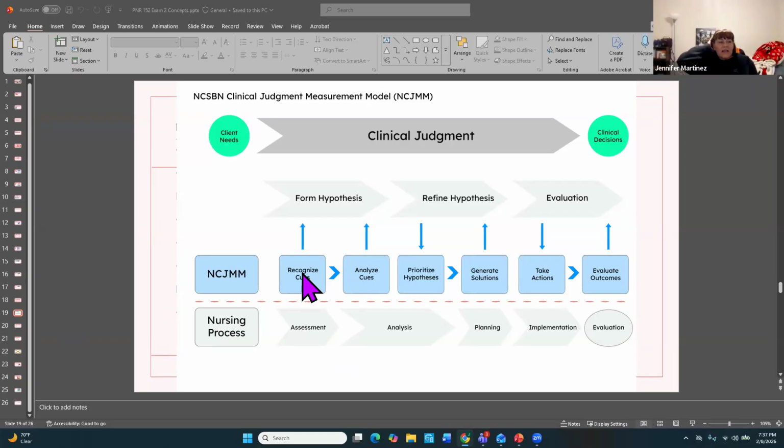So: recognizing cues, analyzing cues, prioritizing hypotheses, generating solutions, taking action, and evaluating outcomes.